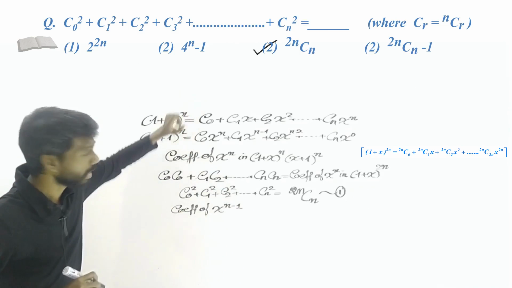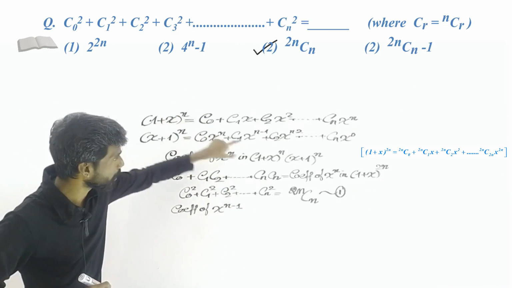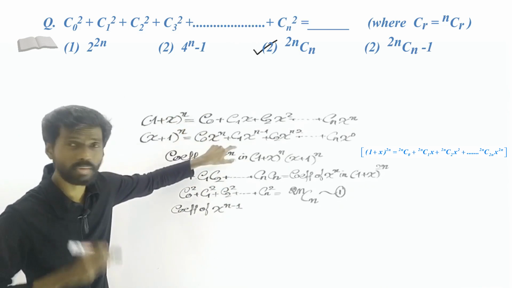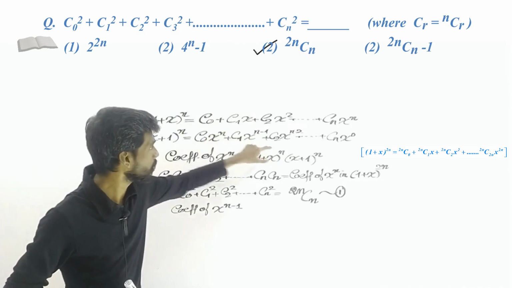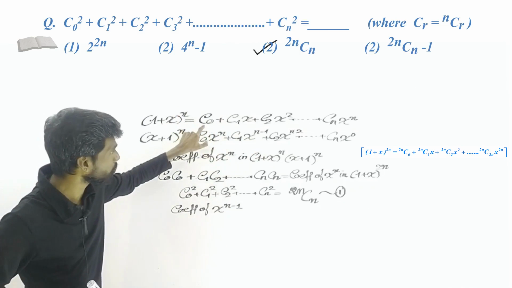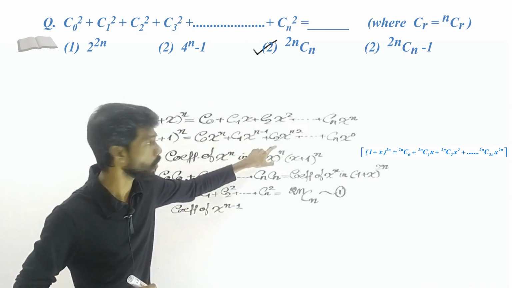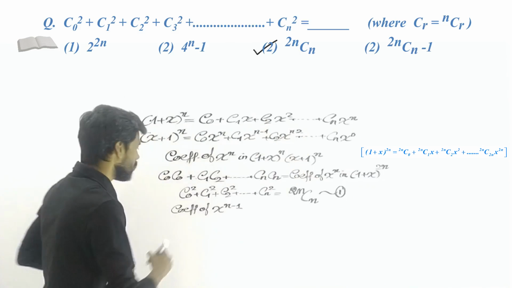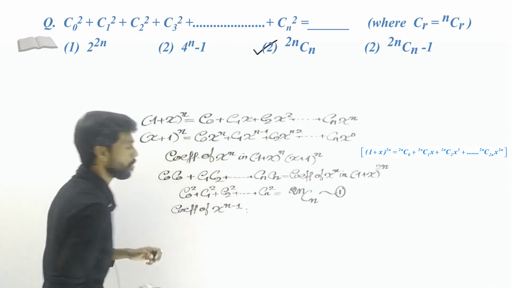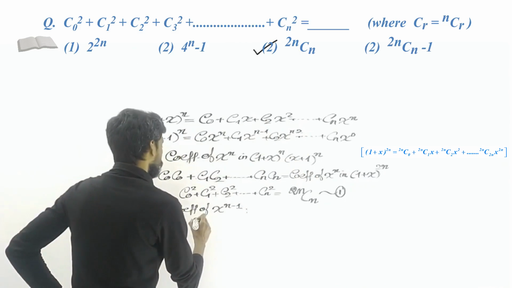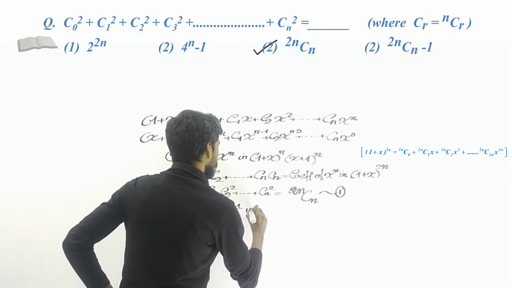When will you get x to the power n minus 1? The constant term multiplied by x to the power n minus 1, it means C0 C1. Similarly C1 C2, not the corresponding terms but these terms: the first term is multiplied by the second term, C1 multiplied by C2, and C2 C3, etc. So we will get the coefficient of x to the power n minus 1 in this multiplication.